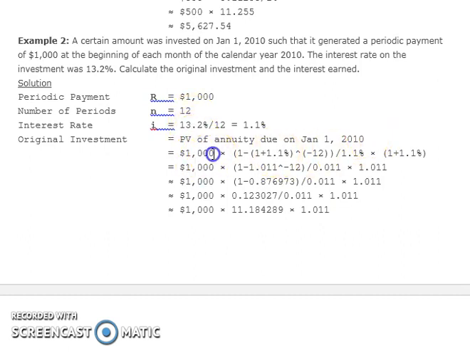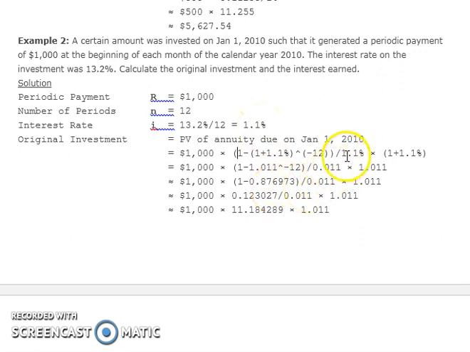The periodic payment is $1,000, times 1 minus (1 plus I) to the power of minus n, divided by 1.1%. In this case the rate of interest is 13.2% annually, so we divide by 12 to get the monthly rate of interest, which is 1.1%.